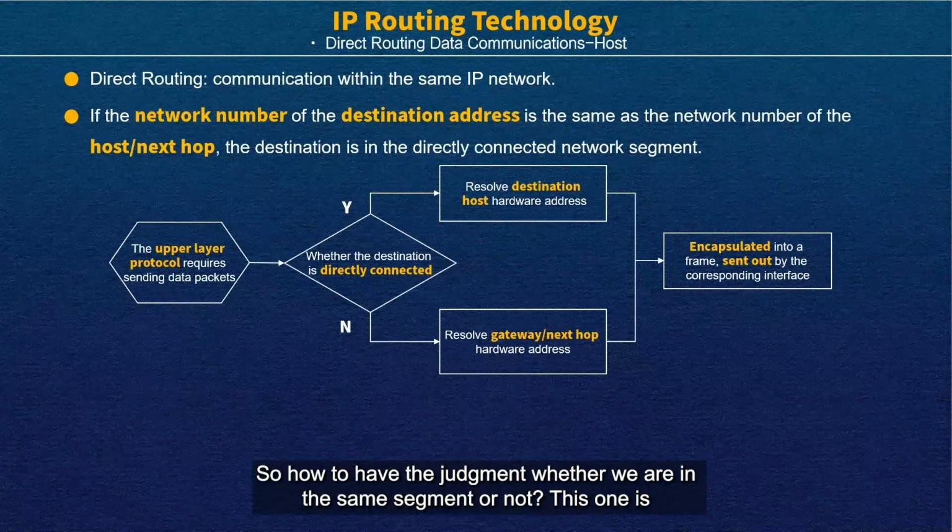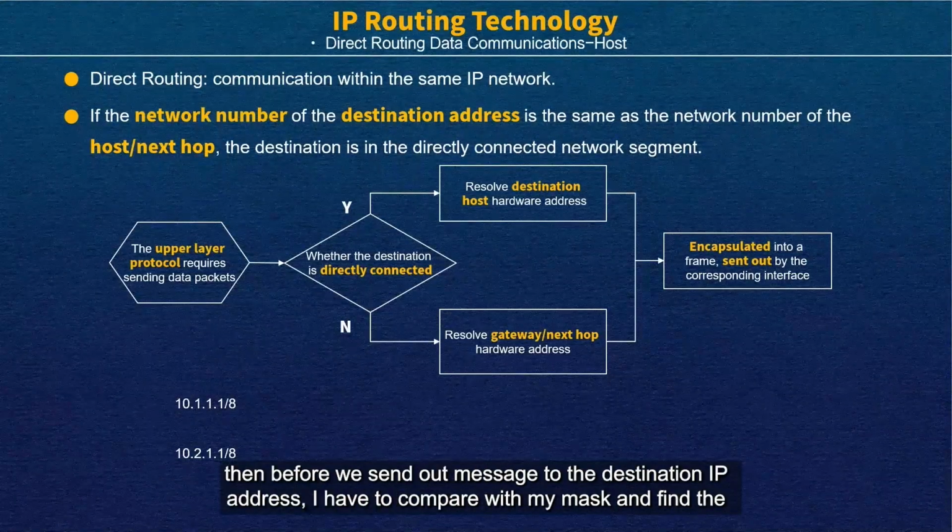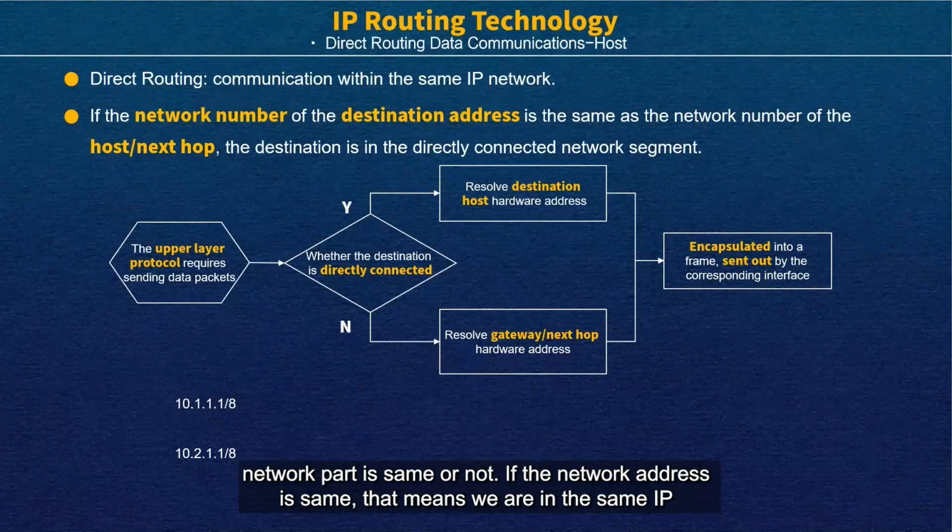So how do we judge whether we are in the same segment or not? Because this one is very important, right? First, we have our own IP address, and we also have the mask. Then when we send out to the destination IP address, we have to take my mask and find whether the network part is the same or not. If the network address is the same, that means we are in the same IP segment.